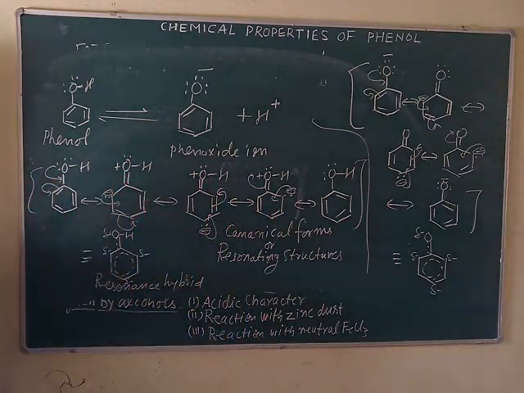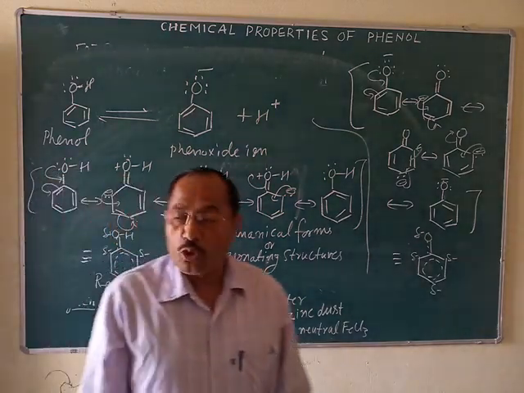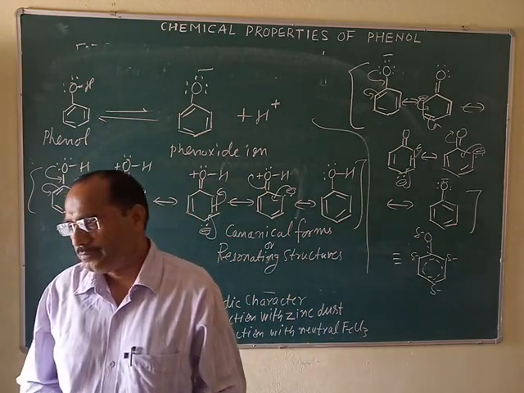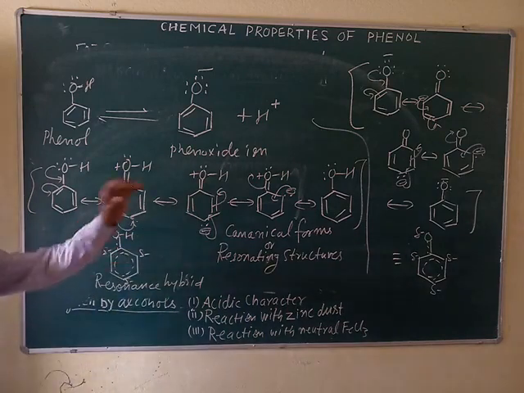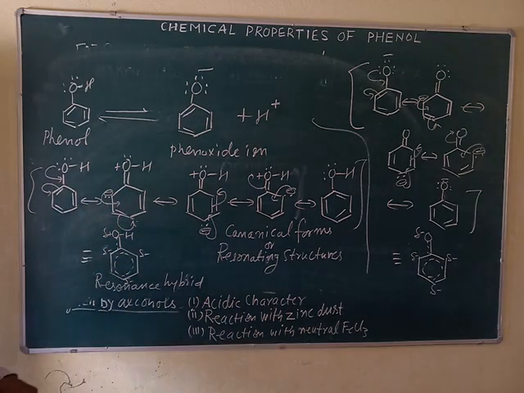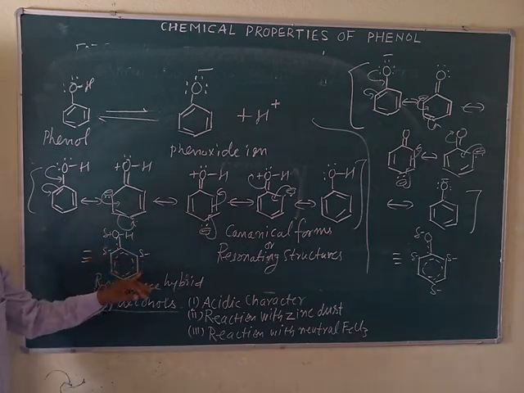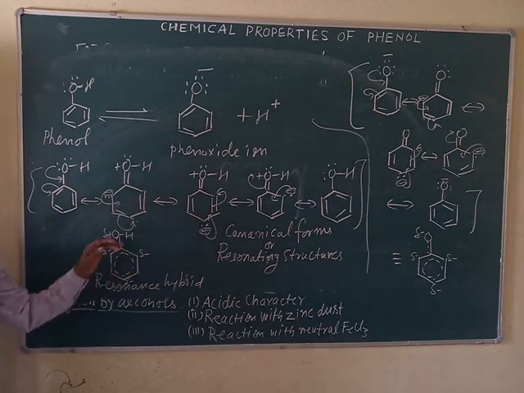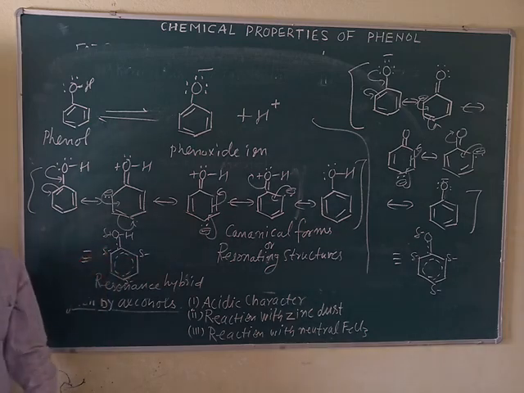These structures also help in explaining the electrophilic substitution reactions of phenol. From the resonating structures of phenol and the phenoxide ion, it is clear that negative charge in the benzene ring develops mainly at the ortho and para positions with respect to the OH group.